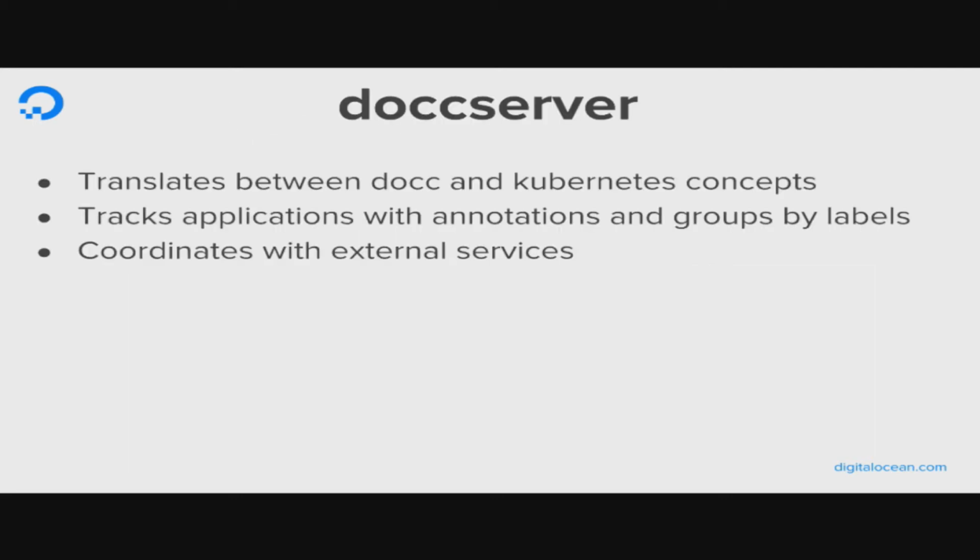And so the responsibility of the service is to do the translation between our concepts and Kubernetes concepts, and track the application. We have a bunch of things that allow us to know what's deployed with Kubernetes, because we also have things that the cluster operations team deploys using plain vanilla Kubernetes, because sometimes the platform can't support the requirements of that service.